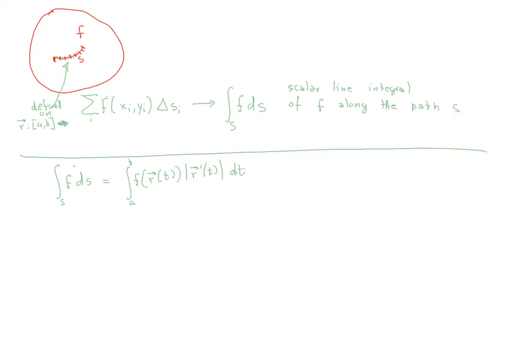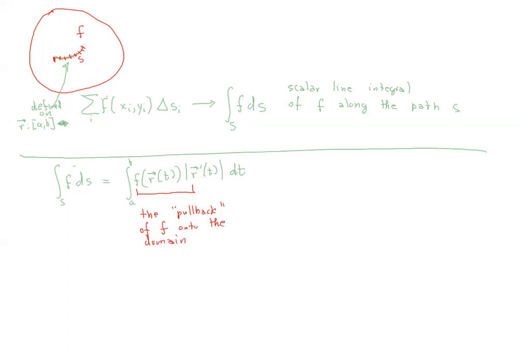And I would like to refer to this as the pullback of f onto the domain of the parameterization.